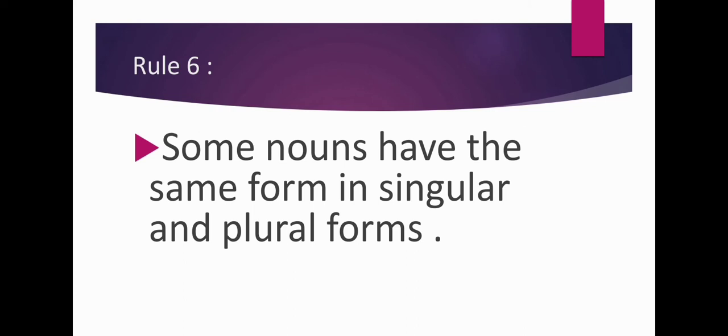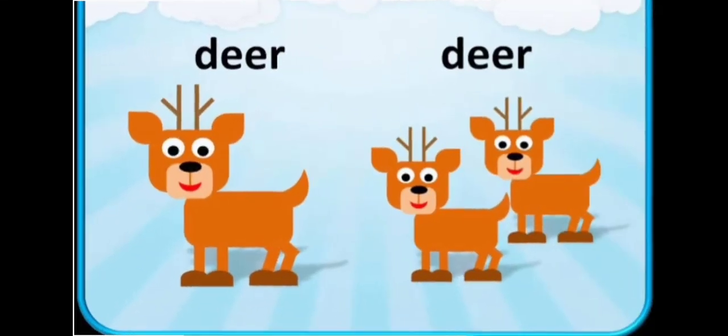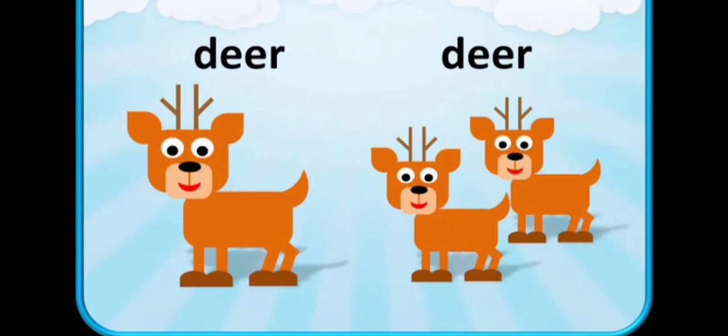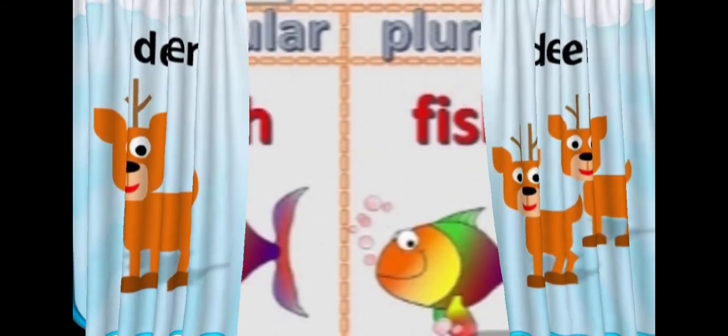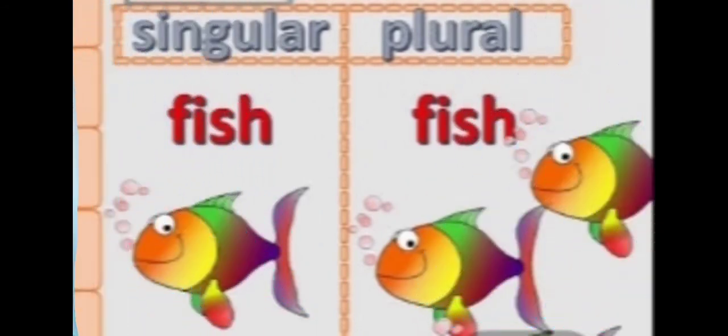Let us see some examples. The singular form of deer does not change in the plural form. It remains the same, that is deer. Similarly, the singular form of fish remains the same in the plural form, that is fish.